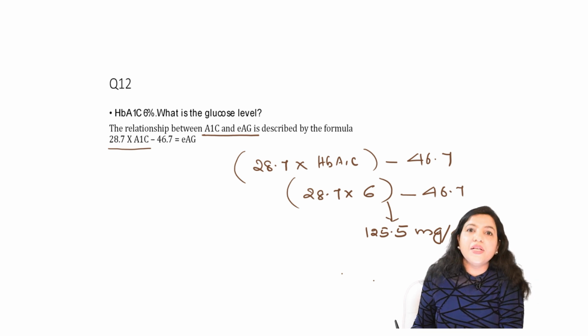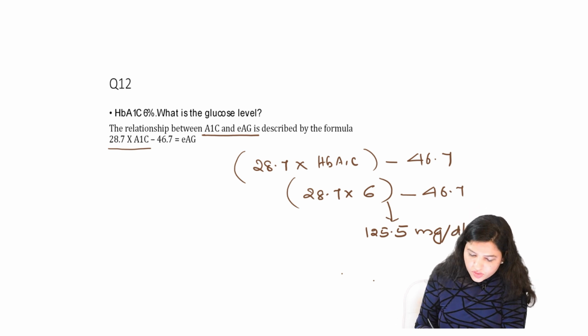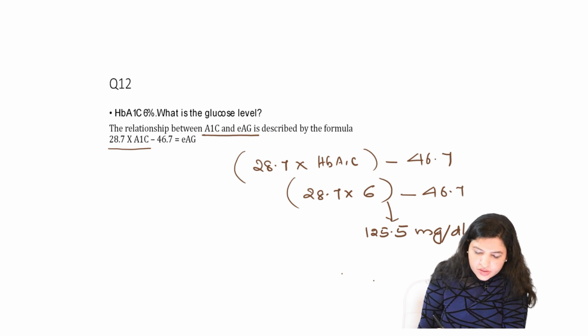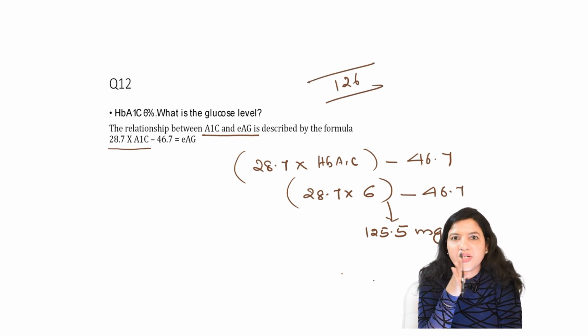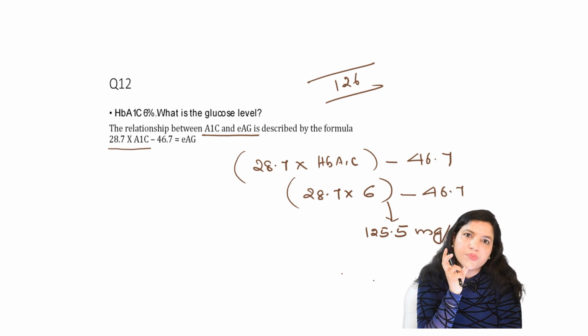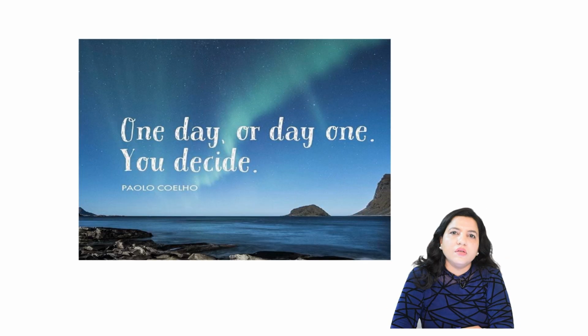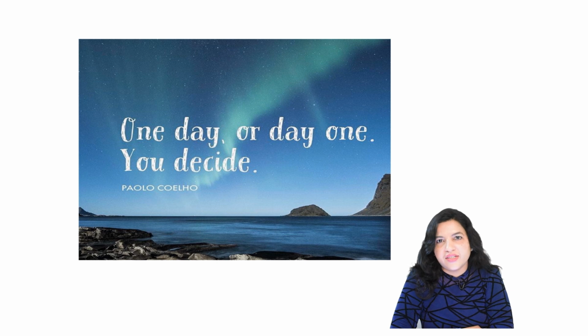So the answer here is the option 126. You know that this is the cutoff level where we say a patient is diabetic or not, so an HbA1c of 6% corresponds to about 126 milligram per deciliter of blood glucose.